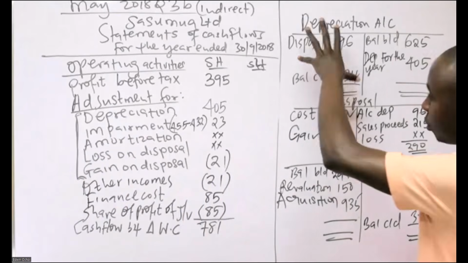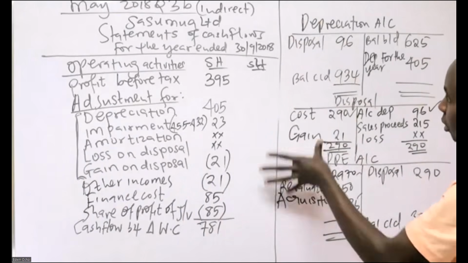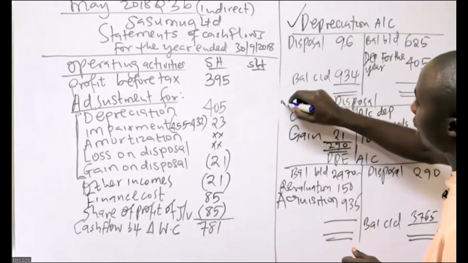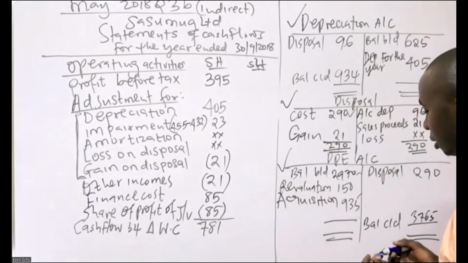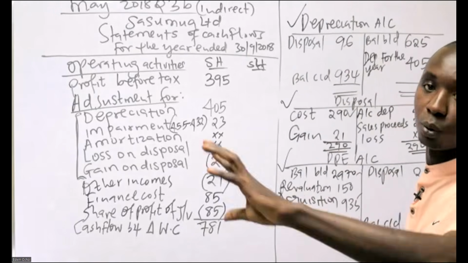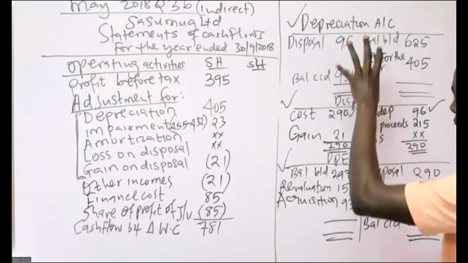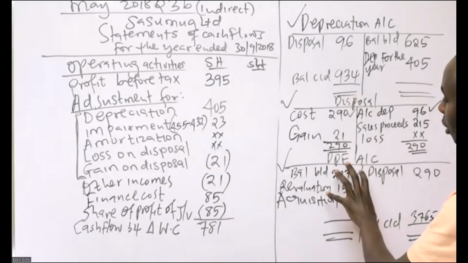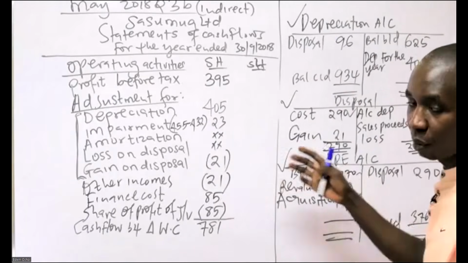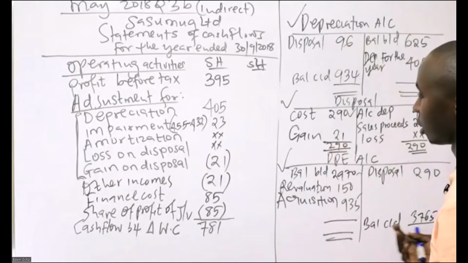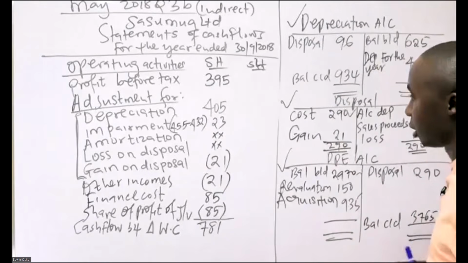So when I was doing these three accounts, I said they are interdependent of each other, and I think you have realized how they depend on each other. So when you are not provided with depreciation, you have to do the depreciation account, disposal account, and at the same time the PPE account. The information to do that will be given. So you have understood how these are done and how they are interdependent.